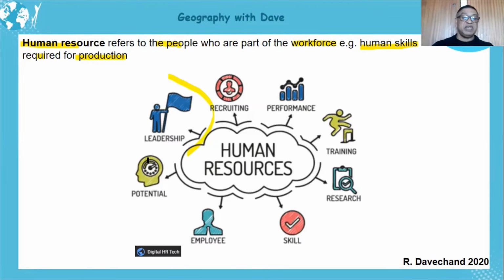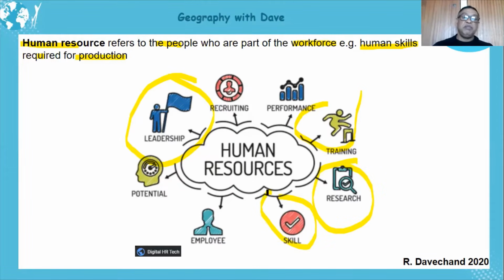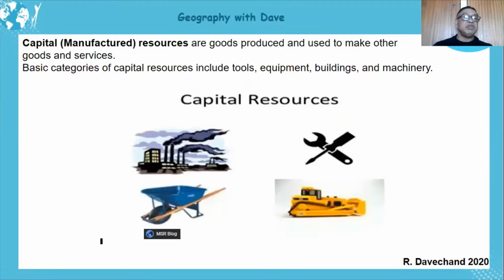Can you see the different things here: leadership training, research, their skills are very important. The employee, the labor force. All these things become the human resource. I've given additional examples, but I like to use some visuals so that you will remember it. I'm still fooling around with concepts, eh?